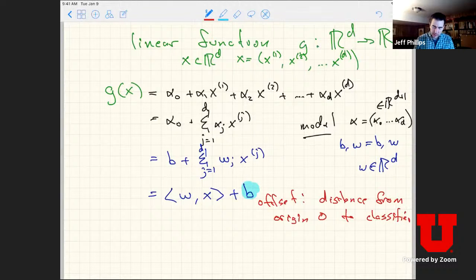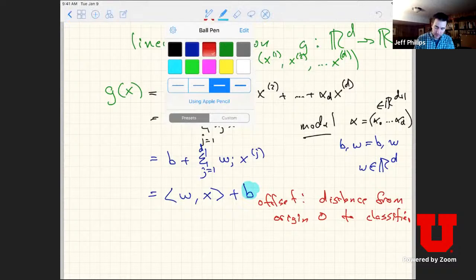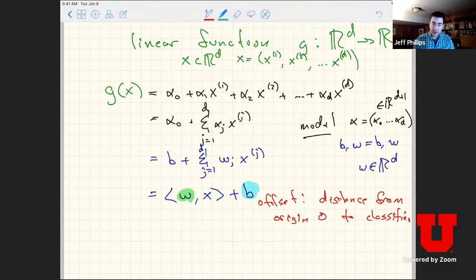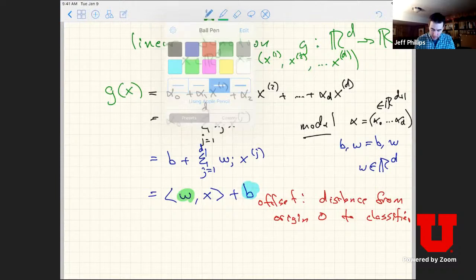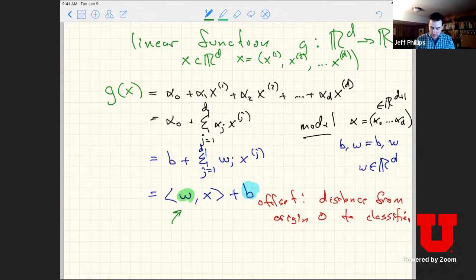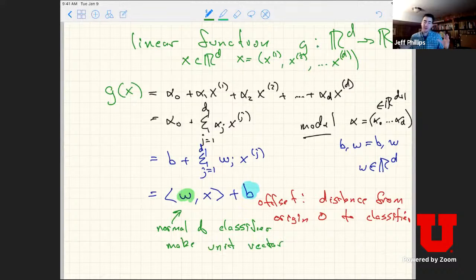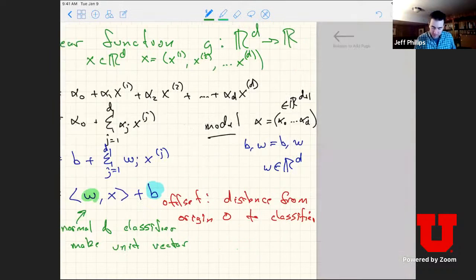And this other term, w, is going to be the normal of the classifier, and we're going to make this a unit vector. So we can think of this model as the offset, the distance from the origin, and the unit vector. At this point I should draw a picture here.